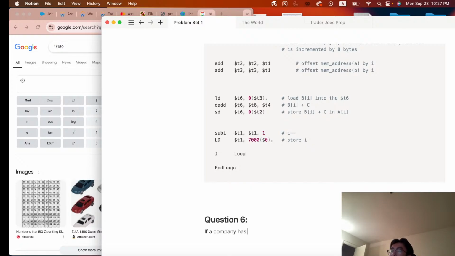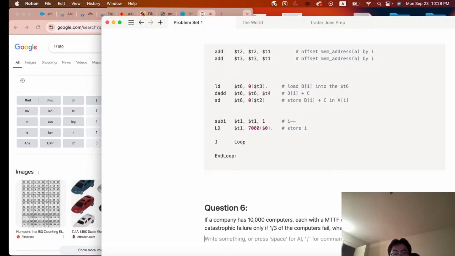A company has 10,000 computers, each with a mean time to failure of 35 days, and it experiences catastrophic failure only if 1/3 of the computers fail. What is the mean time to failure for the system?